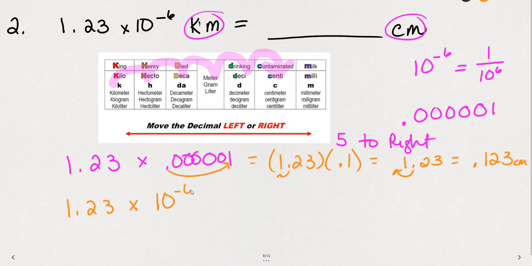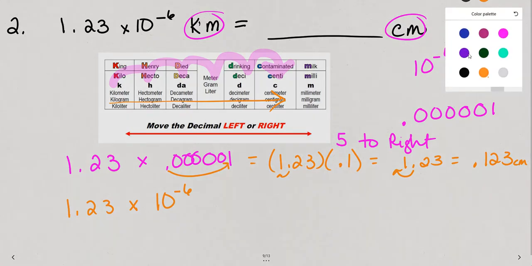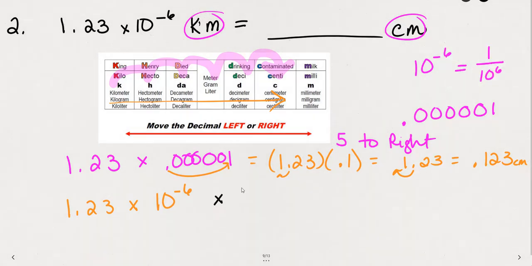Let me show you that a few other ways, just to make sure you feel really comfortable with this. When I want to go from a kilo to a centimeter, I've been describing it as moving the decimal to the left or right, but that's the same thing as multiplying by a power of 10. Which power of 10? 1, 2, 3, 4, 5 to the right, and going right is positive, so 10 to the 5th power.